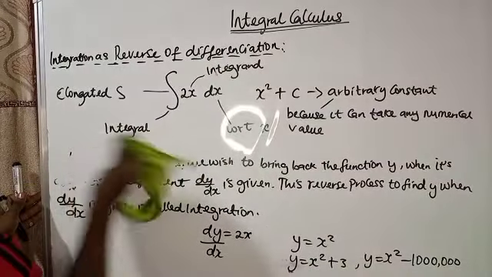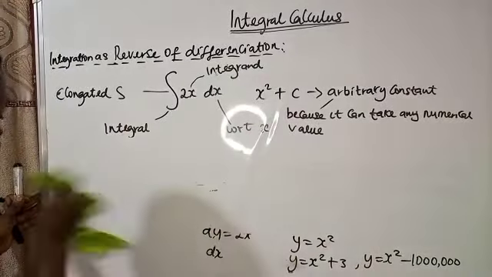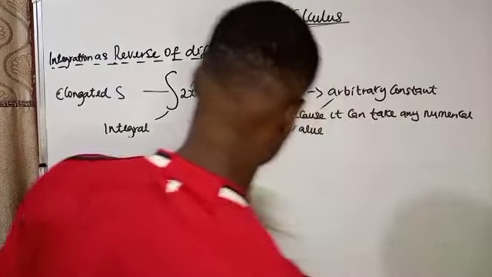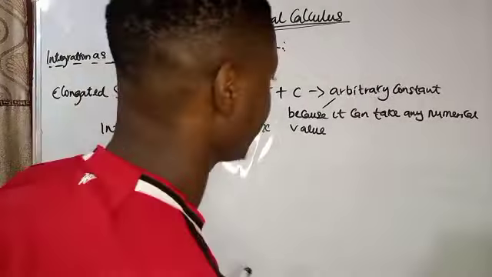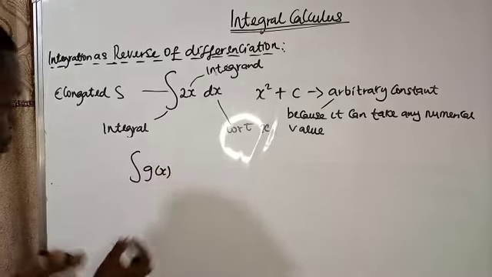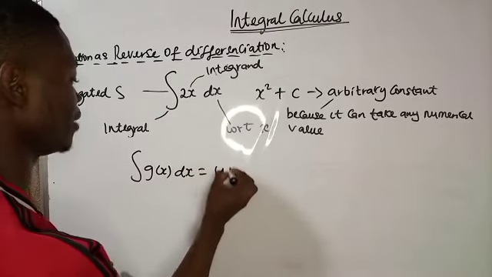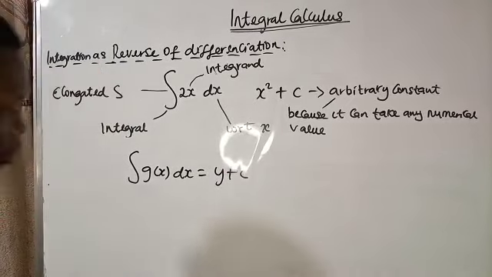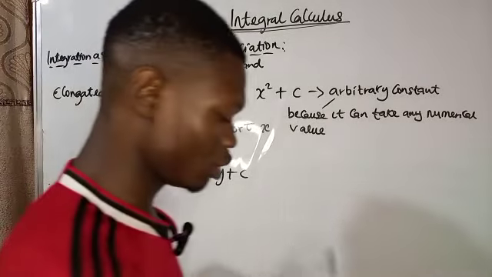Let me clean this. So if you have the integral of g of x dx, it is equal to y plus c. So I'm going to give you some rules in integration.